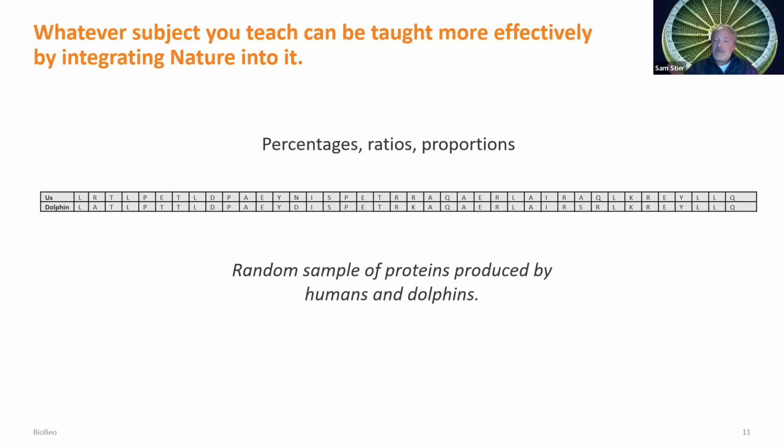What you see in this table on the top row represents proteins, specifically amino acids that the human body makes in order to create our bodies. And on the bottom row, you see the same thing, the amino acids, which are represented by those letters, or the proteins that dolphins produce.